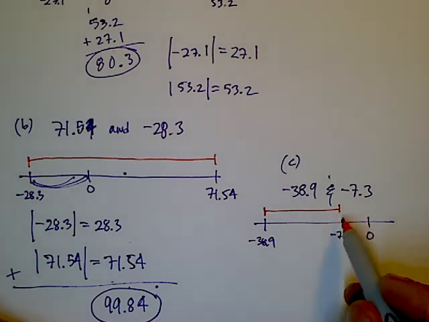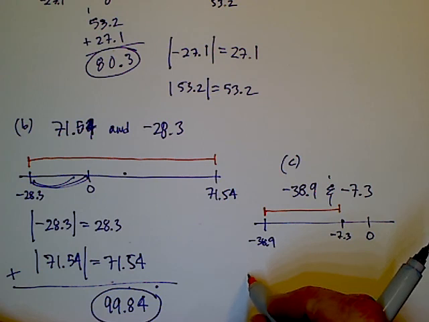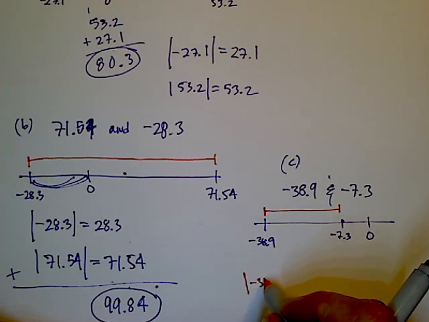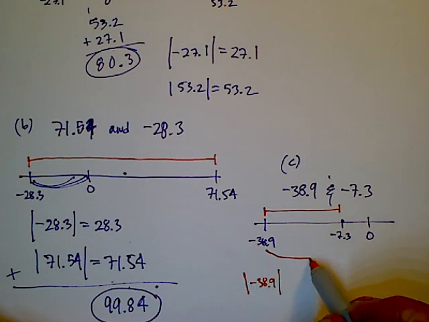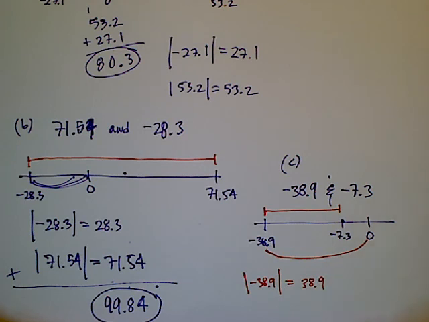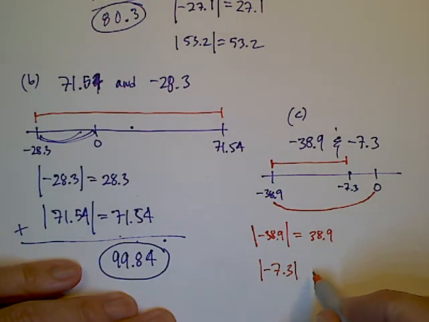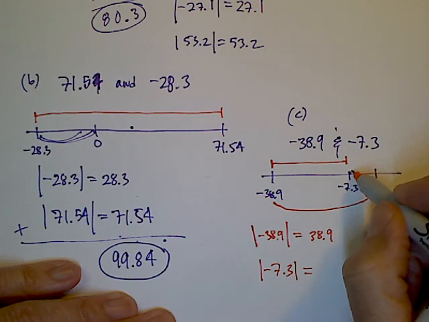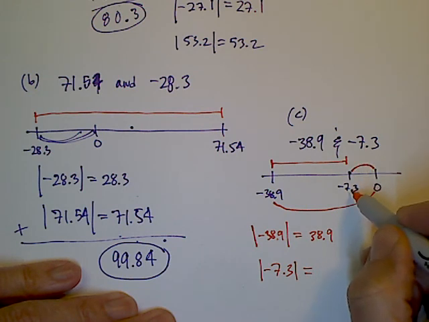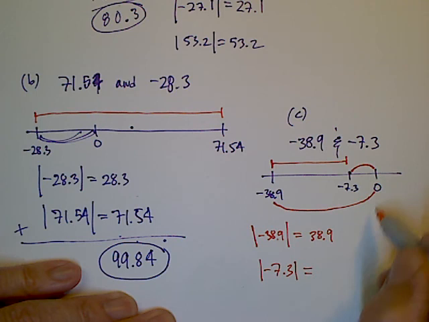The absolute value of negative 38.9 represents the distance between that and 0, which is positive 38.9. And the absolute value of negative 7 and 3/10 represents the distance between it and 0, which is positive 7.3.